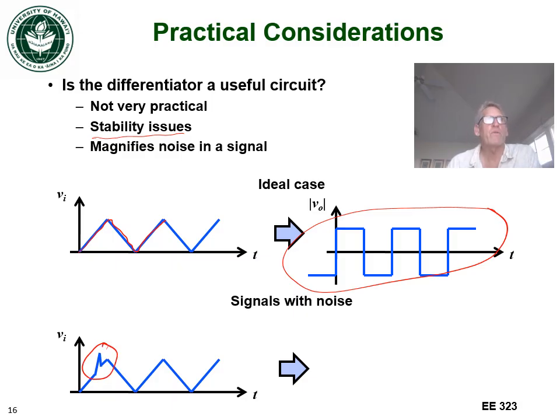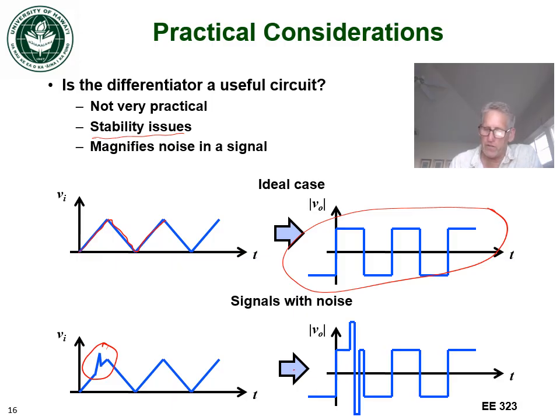So any little noise where the signal is changing rapidly results in a really large and distorted output because of the noise. So it's very sensitive to noise. It magnifies noise, which is sort of the opposite of what we normally want to do in our circuit. So differentiators are not used very much, but the integrators are used all the time.